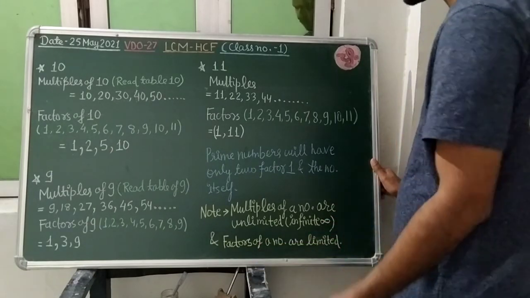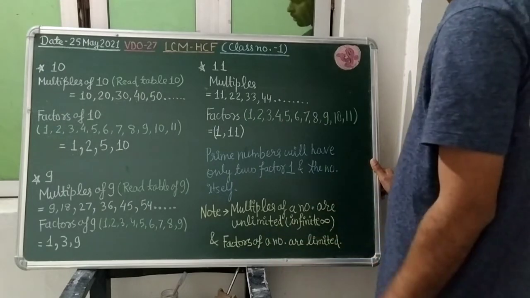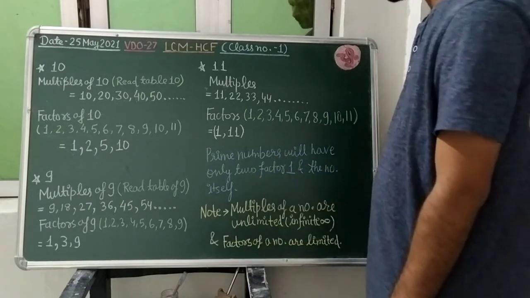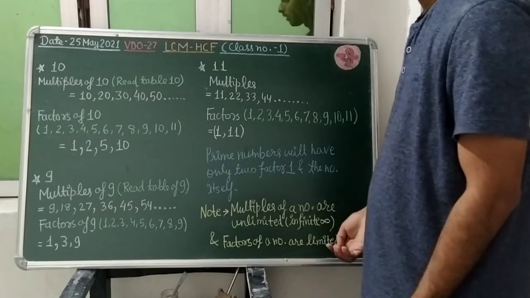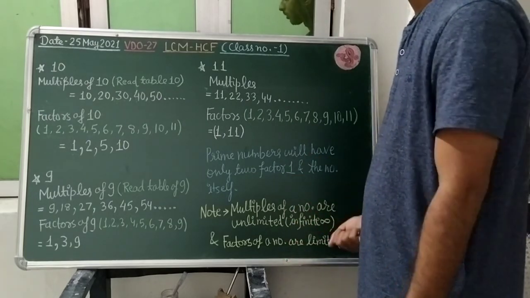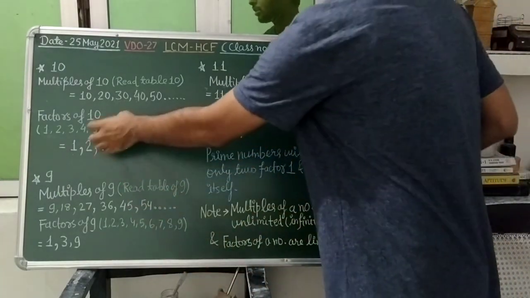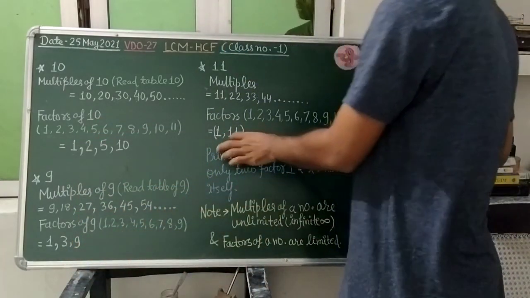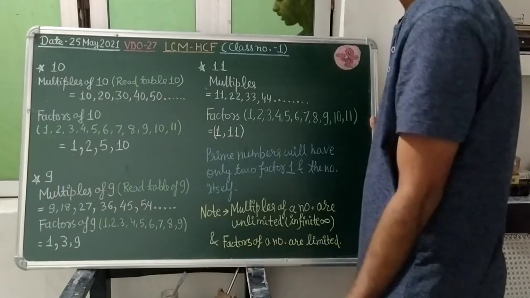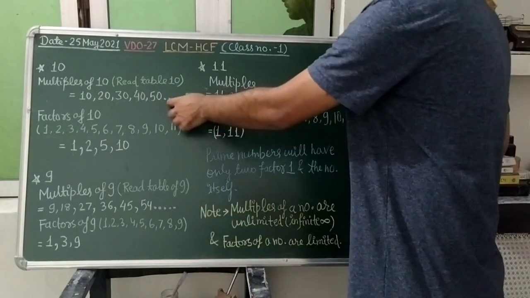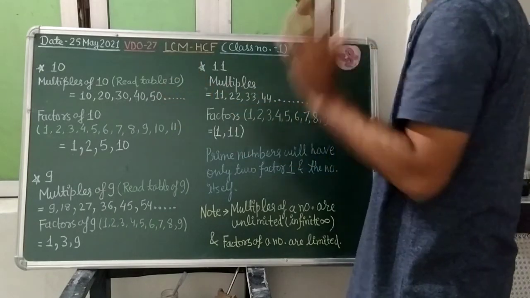If you are ignoring this symbol, right now you are in 5th and 6th class, so you can ignore it. And factors of the number will be limited. You can look that the factors we are getting are only a few numbers, they are limited. But the multiples will be unlimited.